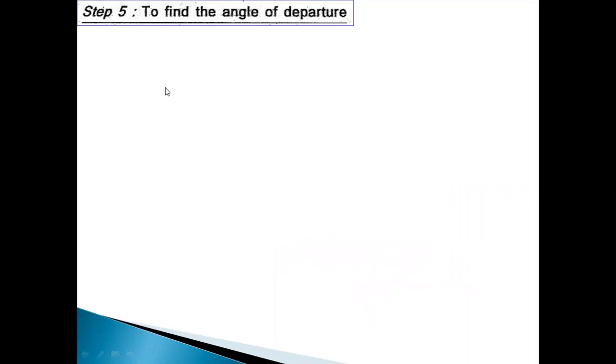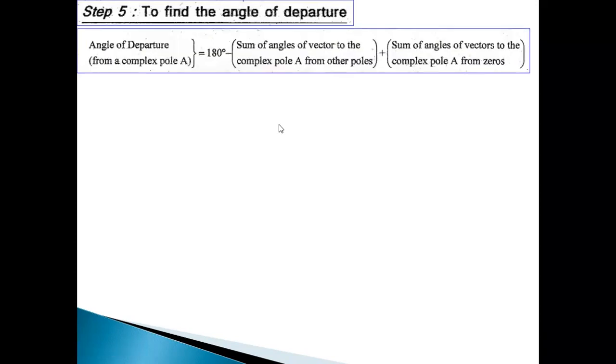In this case, two complex poles are available, that's why we have to find out angle of departures. No need to find out angle of arrivals because the zero is at infinity. Here we have to find out angle of departures.